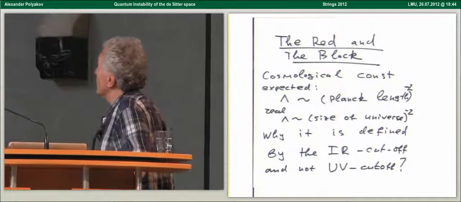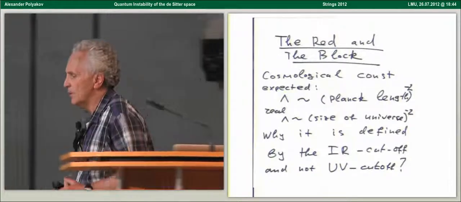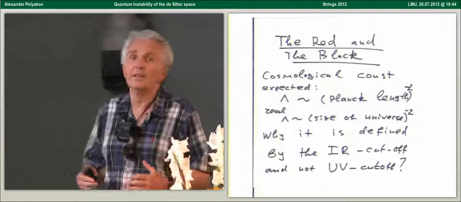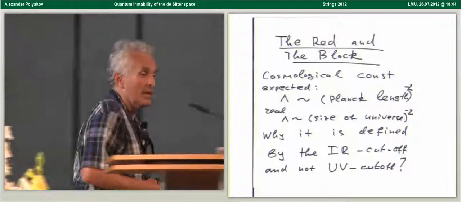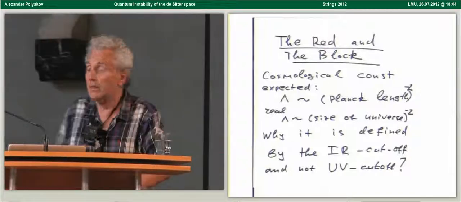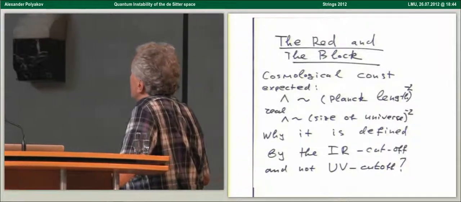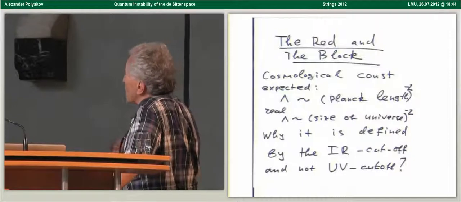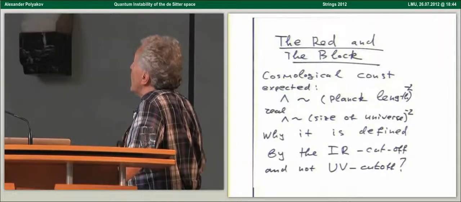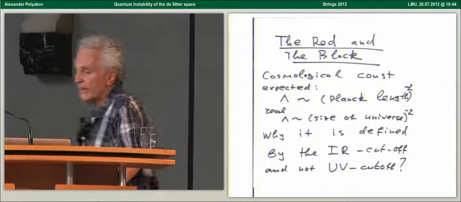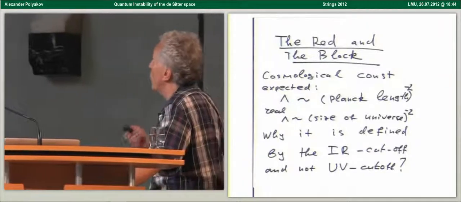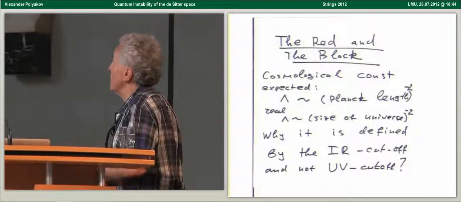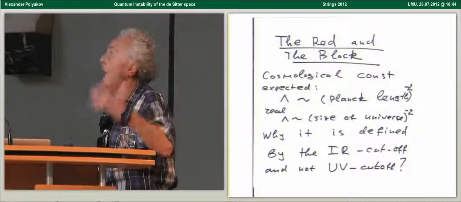And in reality, you have to substitute the minimal distance in the universe by the maximal distance in the universe. That is the question of why it happens. It is clear that some infrared effects are important, but how to go from this UV cutoff to the IR cutoff?